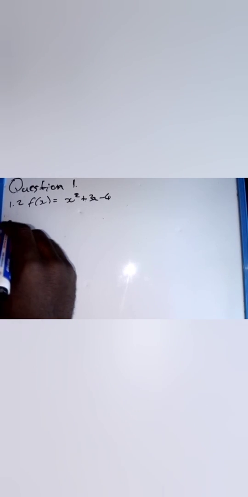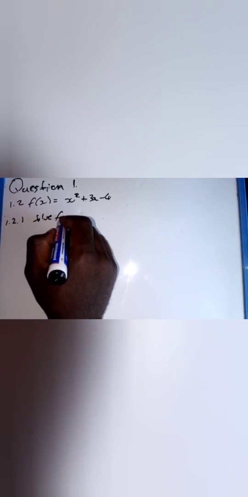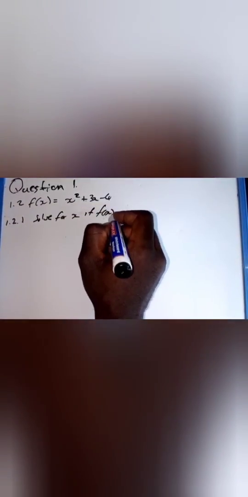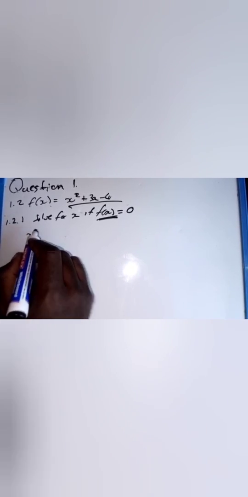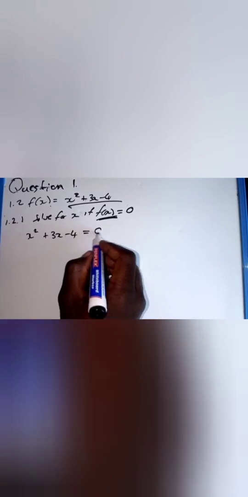And then 1.2.1 says solve for x if f(x) is equal to 0. Right. So this is pretty easy. They're saying find x. We have f(x). f(x) is this. So you just take whatever you have and you put it here and then you solve. So you'll have x squared plus 3x minus 4 is equal to 0.